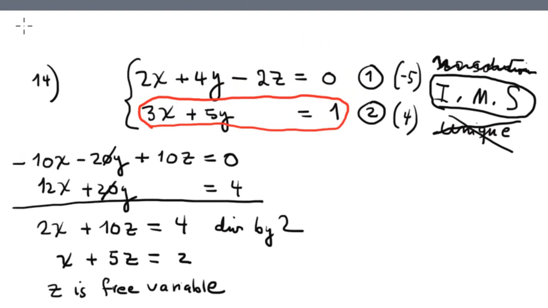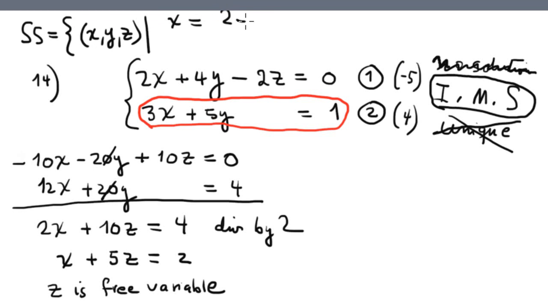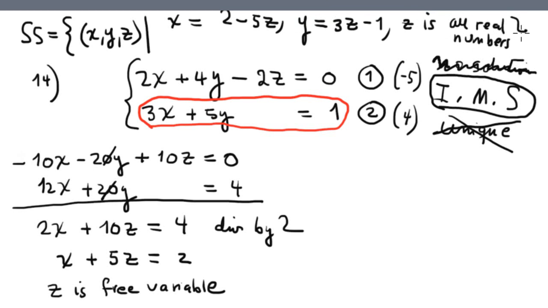Okay, one more time, the solution set. The solution set is infinitely many solutions, but the context is 3-dimensional because we have 3 variables, such that the relationship between the variables is x equal to 2 minus 5z, comma, y is equal to 3z minus 1, and z is a free variable, que is all real numbers.